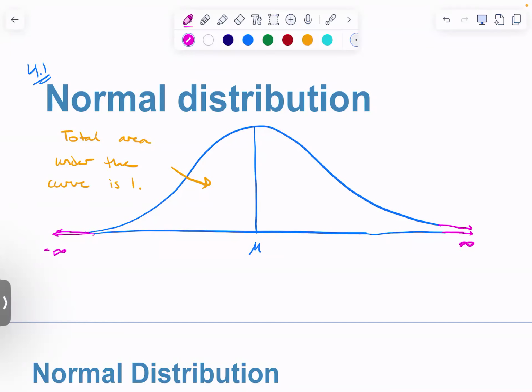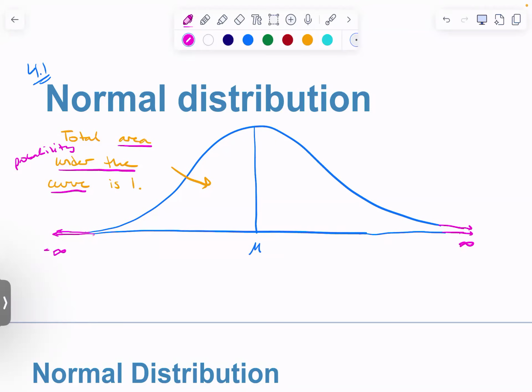But the area under the curve is a probability. Oh, that's annoying. Let's do this again. So the area under the curve is a probability.